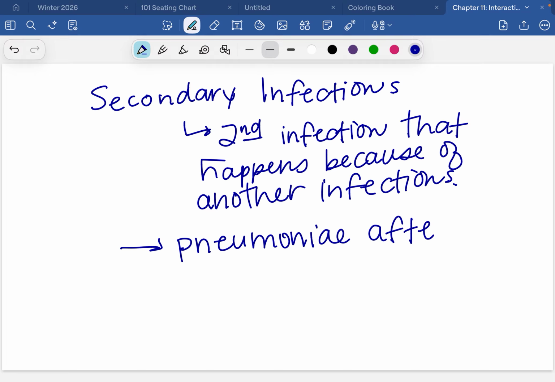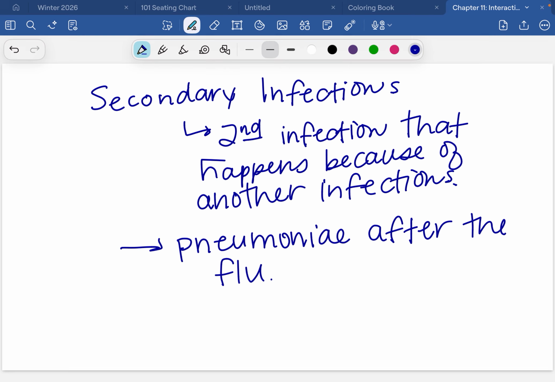So it is really common. This happened to my son last winter. And it's really, really common that when somebody has influenza, they have the influenza virus. They get a cough and a fever and body aches and all of those things associated with the flu.